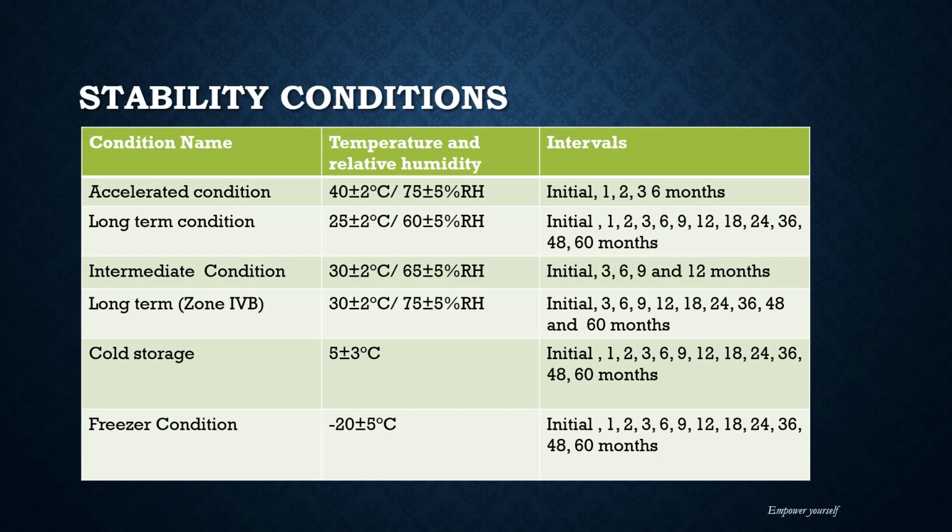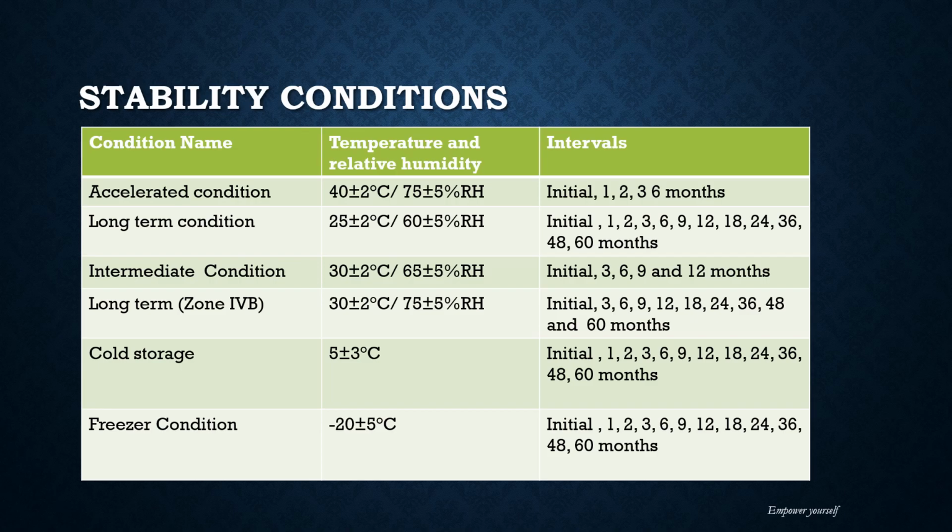For cold storage, the accelerated condition would be considered as 25 plus or minus 2 degrees or 60 plus or minus 5% RH. So this is how the long-term as well as the accelerated condition will be maintained for cold storage products.